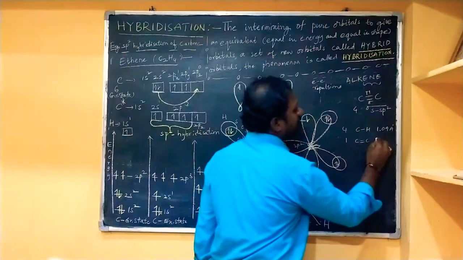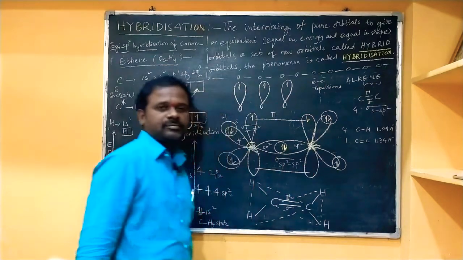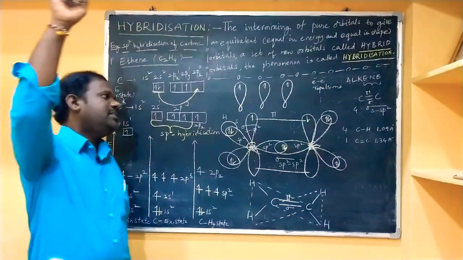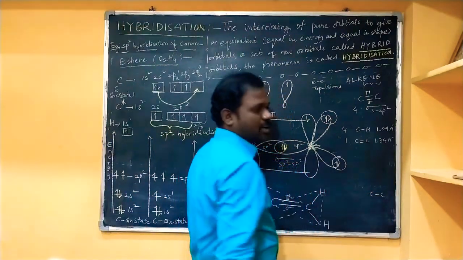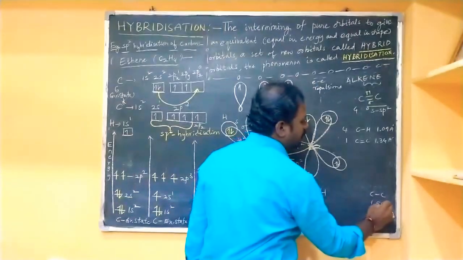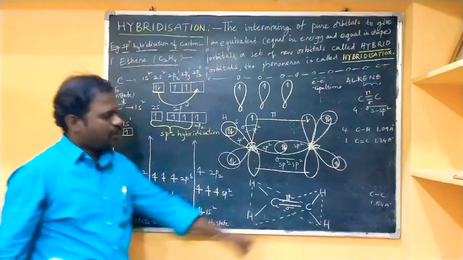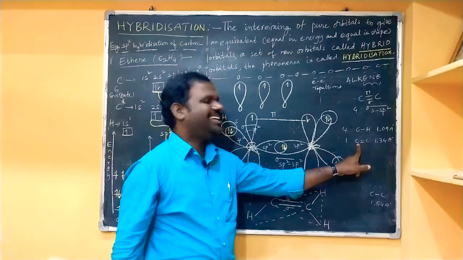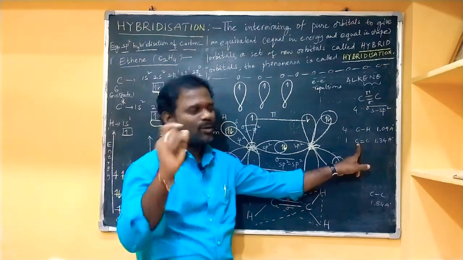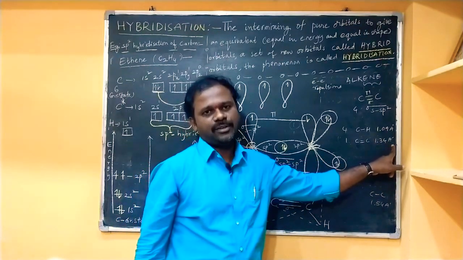What is its bond length? That will be 1.34 angstrom units. In methane or ethane, the carbon-carbon bond is 1.54 angstrom units. In ethane we have 1.54 angstrom units, but in ethene, which contains a double bond, the value is 1.34 angstrom units.